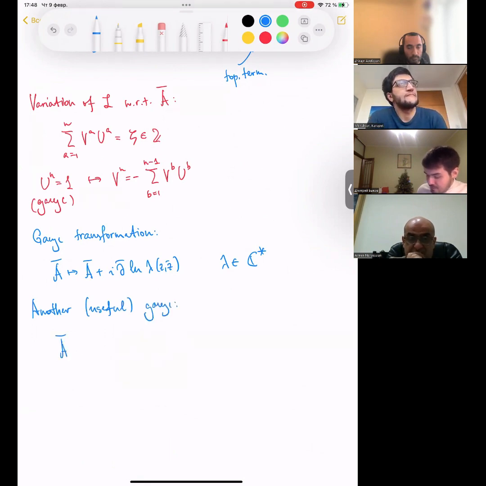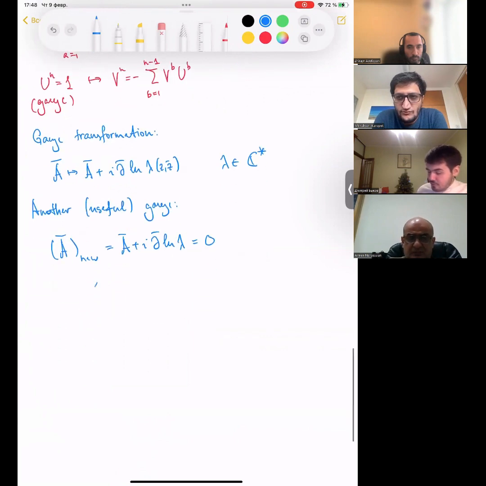So we said that A bar mu equals A bar plus i d bar log lambda equals 0. This just involves solving the equation for log lambda with this Cauchy-Green formula, log lambda of z, z bar, d2w.